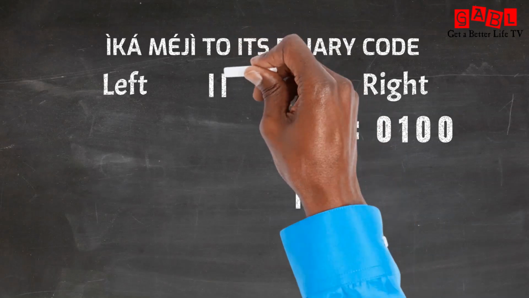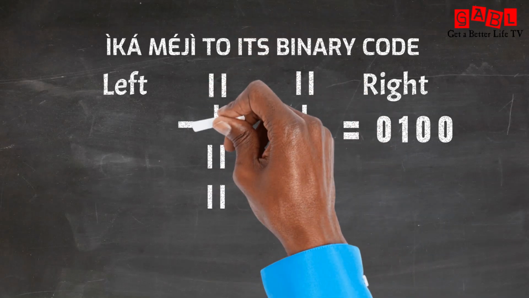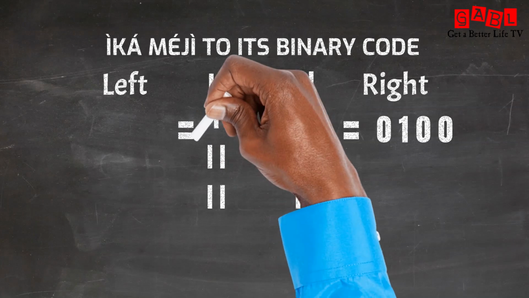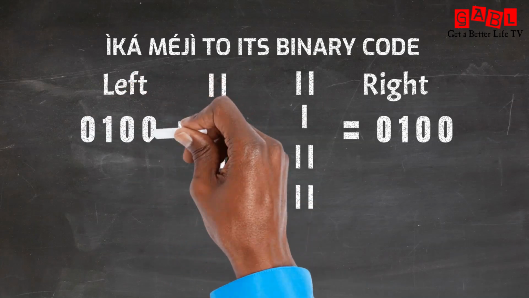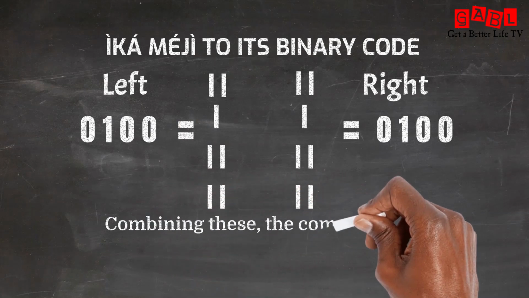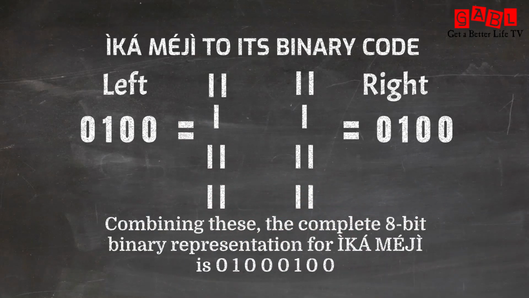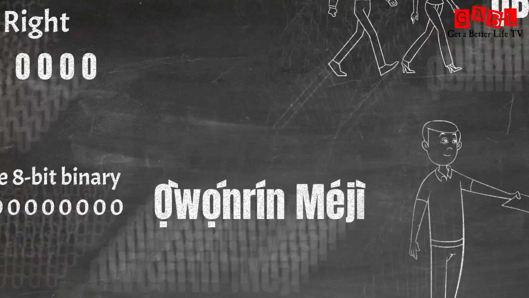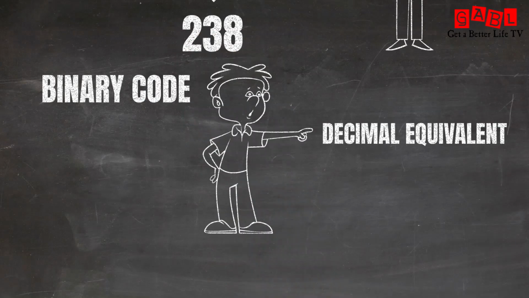This translates to 0, 1, 0, 0. Combining this, as usual, the 8-bit binary representation we have for Ika Meji is 0, 1, 0, 0, 0, 1, 0, 0. Now, converting this binary code to its decimal equivalent, we have this.